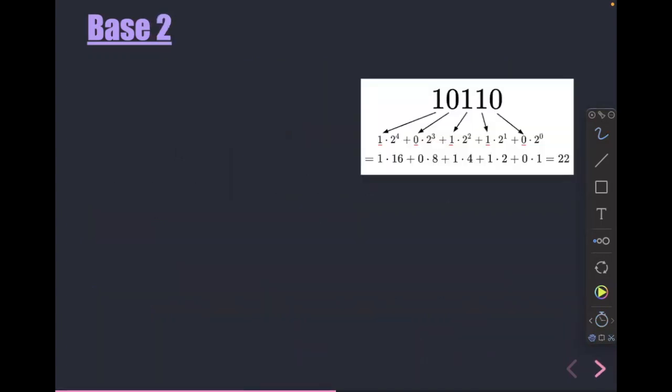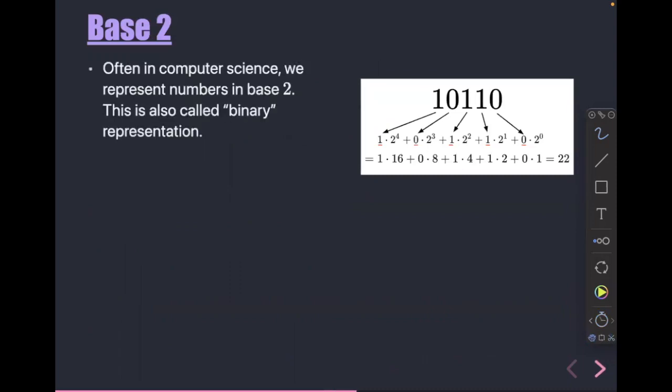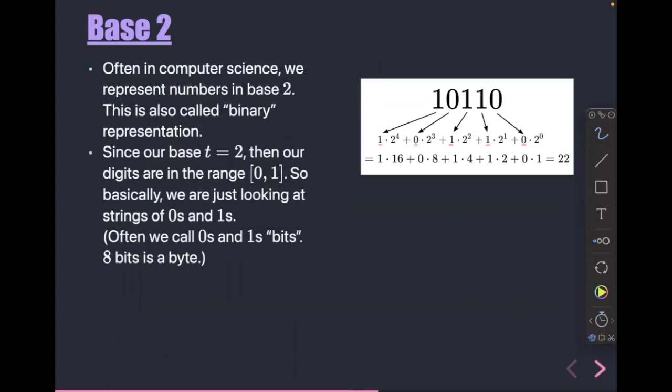The other type of base I really want to focus on is base 2. Another word for base 2 is binary, which is something you'll commonly hear about in computer science. I'm going to show you how we can take a number in base 10 and get it into binary.